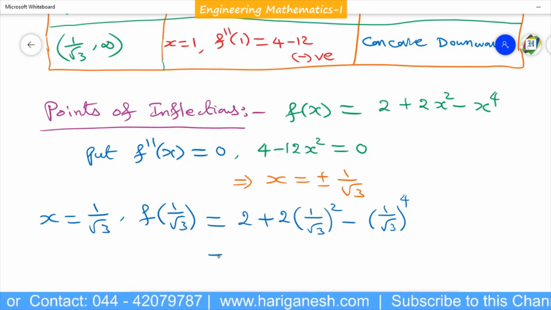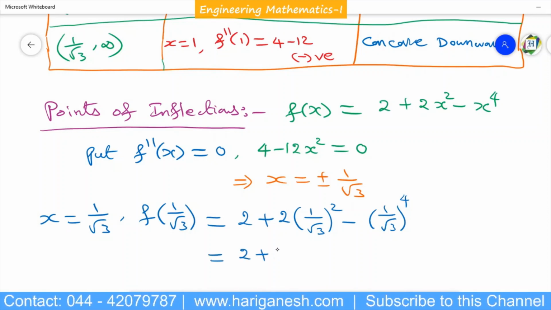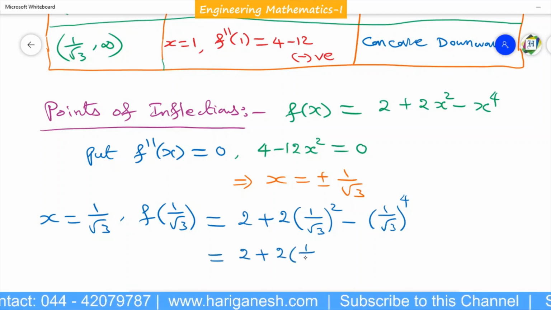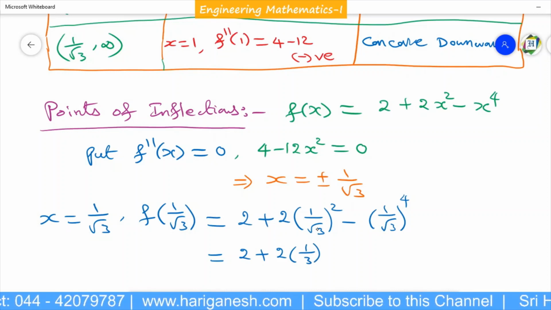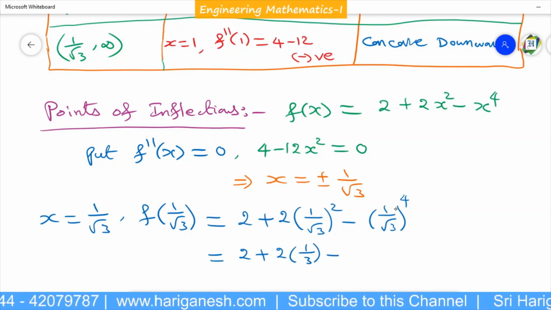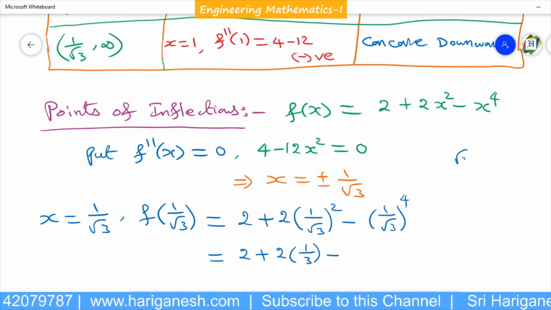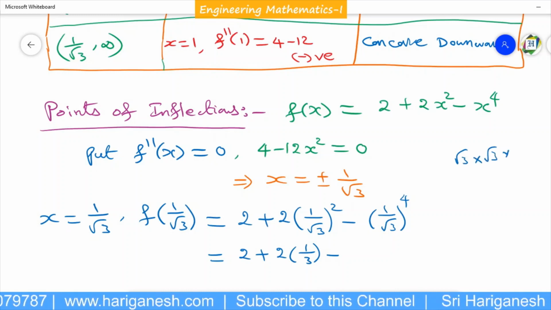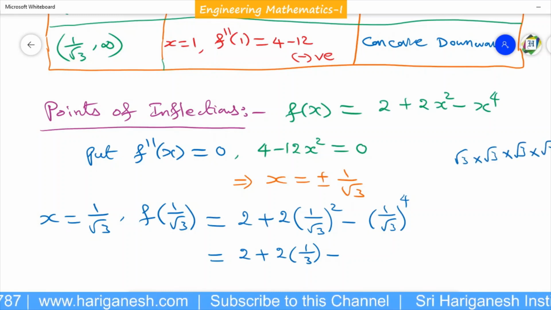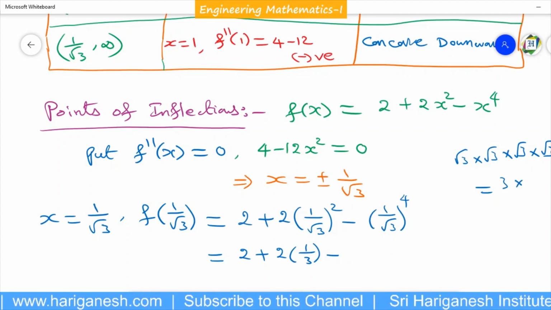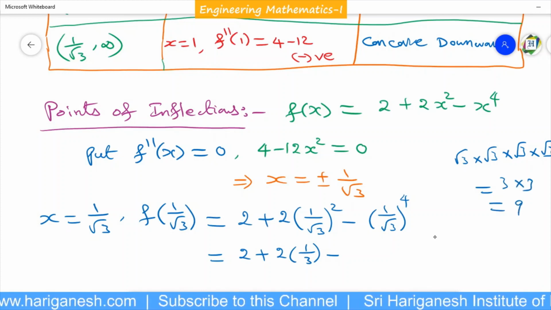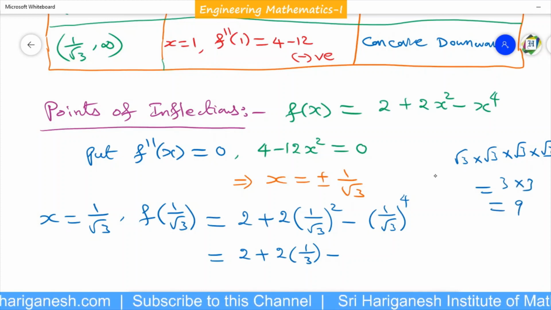It's very easy. 2 plus 2 into 1 by 3, because when you take the square the root will be cancelled, minus root 3 power 4. What is root 3 power 4? It is 3 into 3, 9.